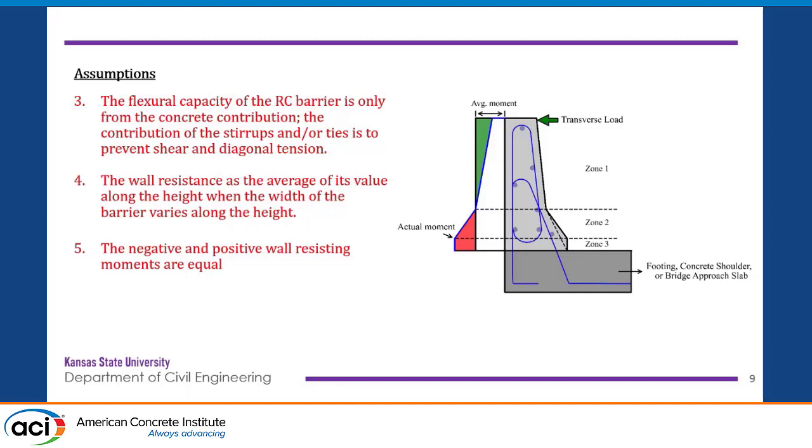And finally, it's assumed that the negative and the positive moments or sectional capacities are equal. In this case, we have less reinforcement at the back side of the barrier than the front face, so if we consider them equal, we have to go with the lower one, and that's also an underestimation factor.